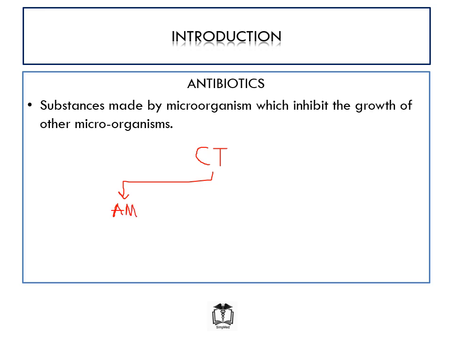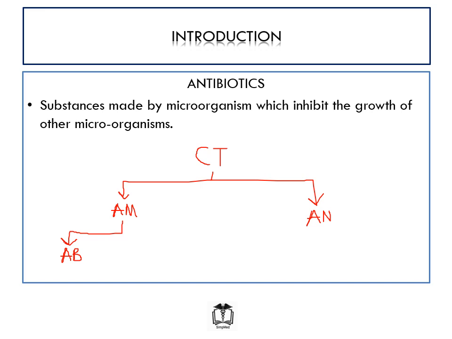Or we could divide chemotherapy into anti-neoplastic agents, which are particular substances used in inhibiting the growth or killing neoplastic cells. Antimicrobial agents can further be divided into antibiotics, and antibiotics are special breeds of antimicrobial agents that are produced from microorganisms. So, for example, we can get an antibiotic from a plant, or we can get it from a fungi, that are produced from one organism or one microorganism and they're used in killing or inhibiting the growth of another microorganism.